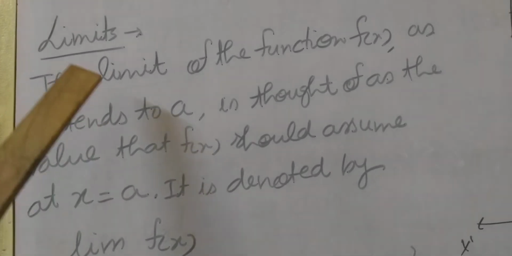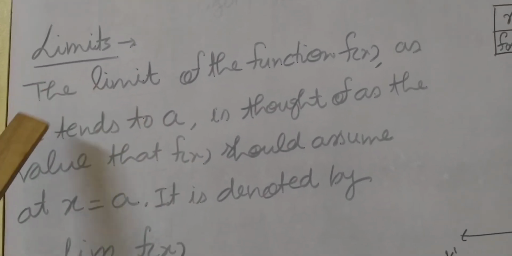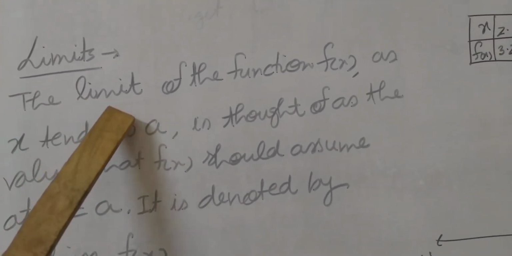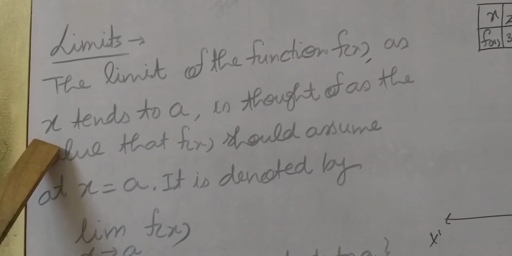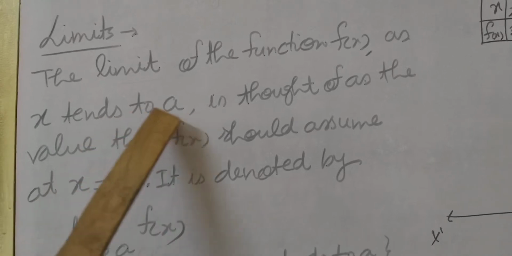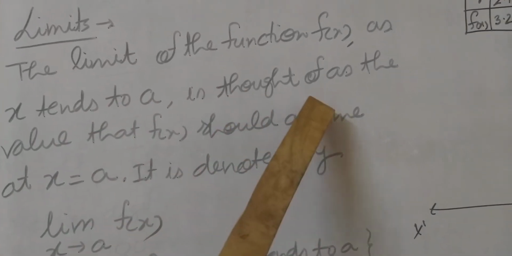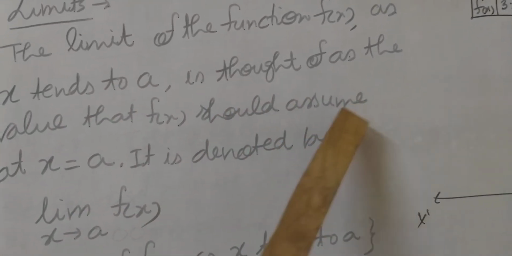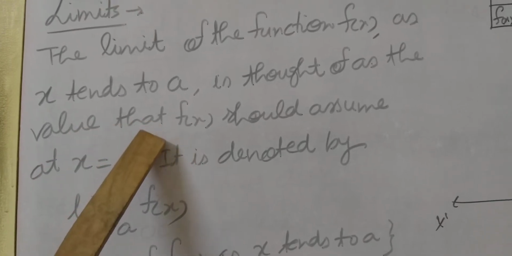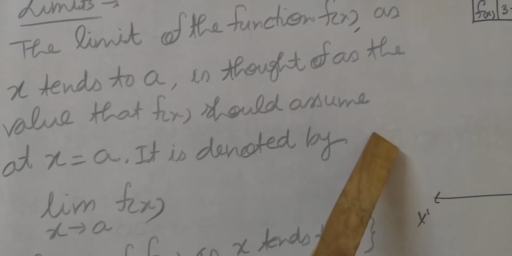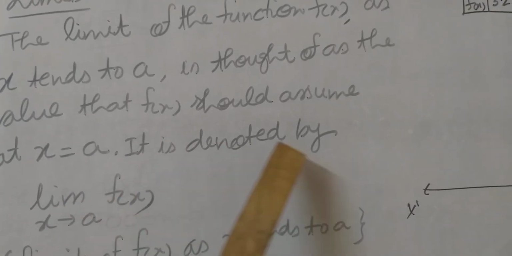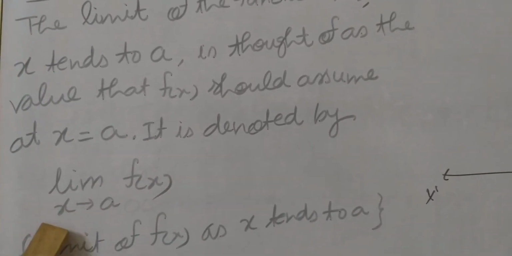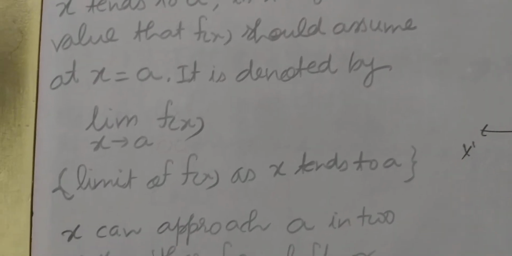Let us revise limits. The limit of the function f(x) as x tends to a is thought of as the value that f(x) should assume at x equal to a. It is denoted by limit x tends to a f(x).